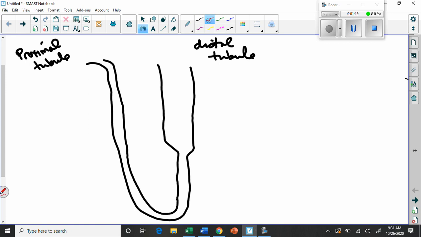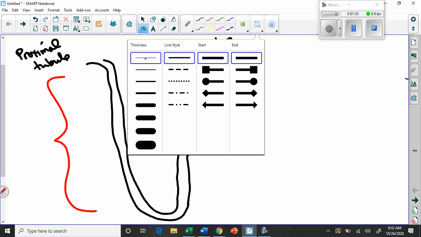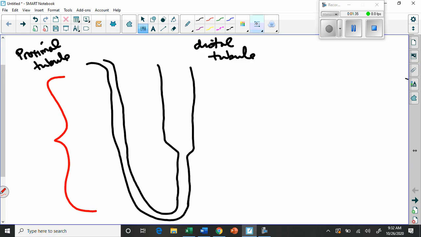Okay, now, in red, we're going to write down some important things. This side of the loop of Henle has a membrane that is permeable to water, but not salt.